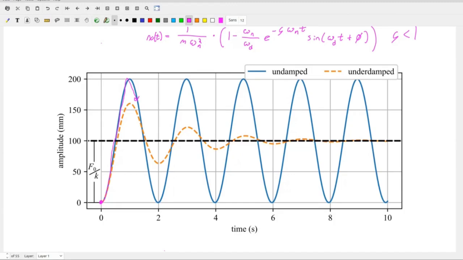And then our underdamped case is our orange dashed line. And that's going to come up and oscillate and eventually settle around a new amplitude, which makes sense, right? You drop a weight in the back of a truck, the truck springs compress, it might vibrate for a little bit, but then it settles around its new amplitude. And then our amplitude is a function of the force applied divided by the stiffness of the reacting system.